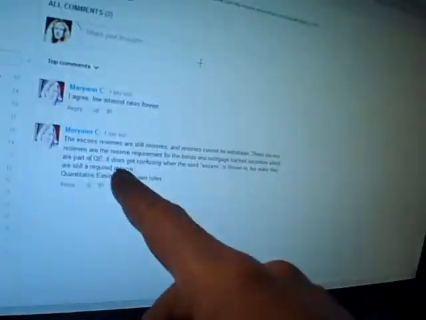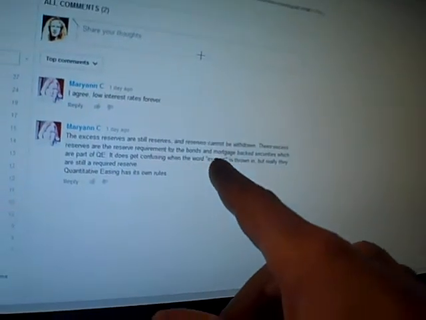"Which is part of QE. It doesn't get confusing when the word excess is thrown in." Well, I'm sorry, the word excess isn't used just by the media. It's used by the Federal Reserve itself. It's used by everybody. It's just the fact that the reserve requirements are in the billions of dollars and the reserves held in these accounts are in the trillions of dollars, and obviously there's a distinction there.